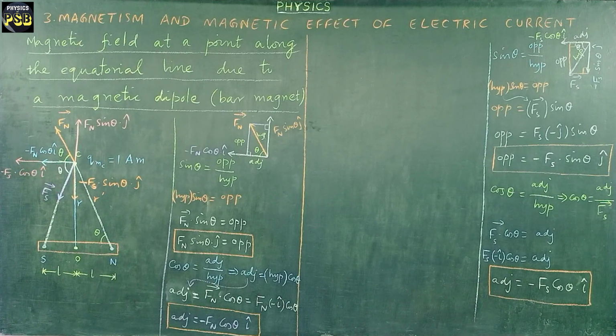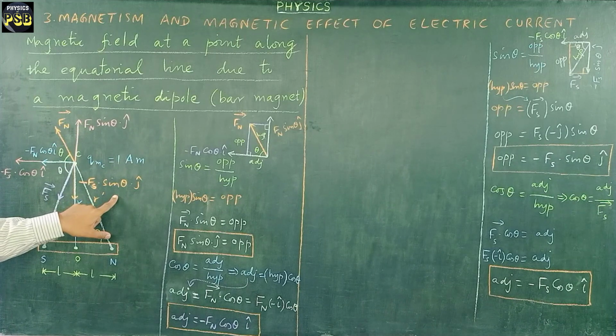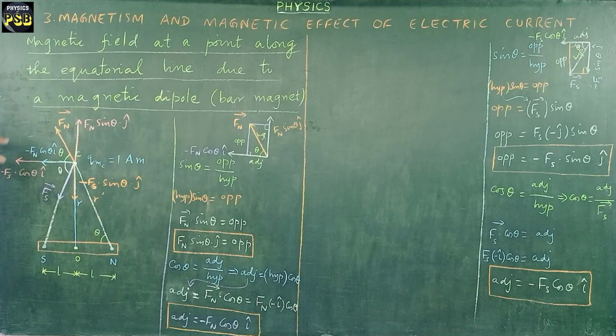Okay. So here, if you look at the diagram carefully, you may find that the vertical components act opposite to each other, so they get cancelled. Whereas horizontal components act in the same direction, so they get added up.